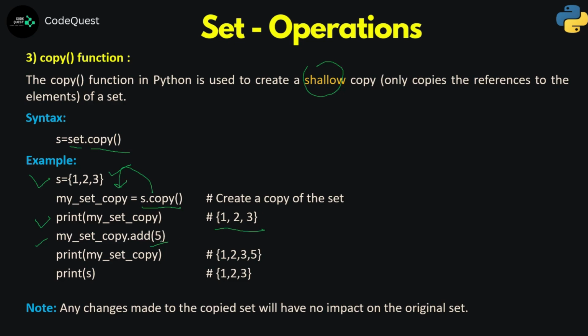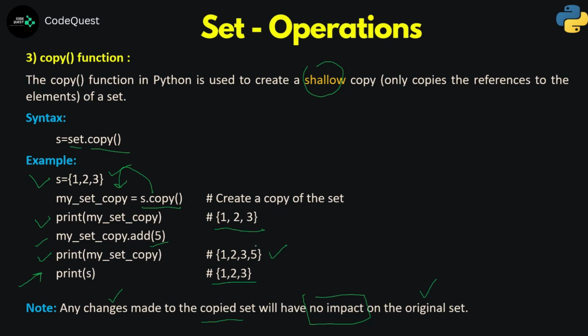I add 5. When I print this updated one, I get 1, 2, 3, 5. But if I check the original set that I created initially, that is S, which is holding 1, 2, 3, it is not updated. So any changes made to the copied set will have no impact on the original set.